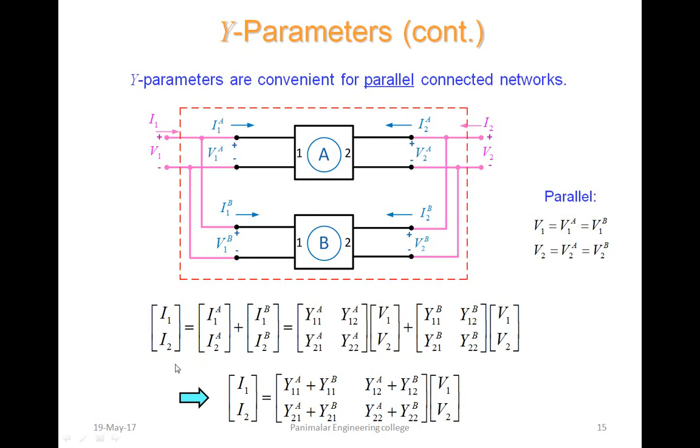So likewise, the expression is written as I is equal to Y into V. So current contributed by device 1, current contributed by device 2, and voltage contributed by device A, voltage contributed by device B. So likewise the matrix is written like this. Remember, under admittance parameter, the network is connected in a parallel fashion.